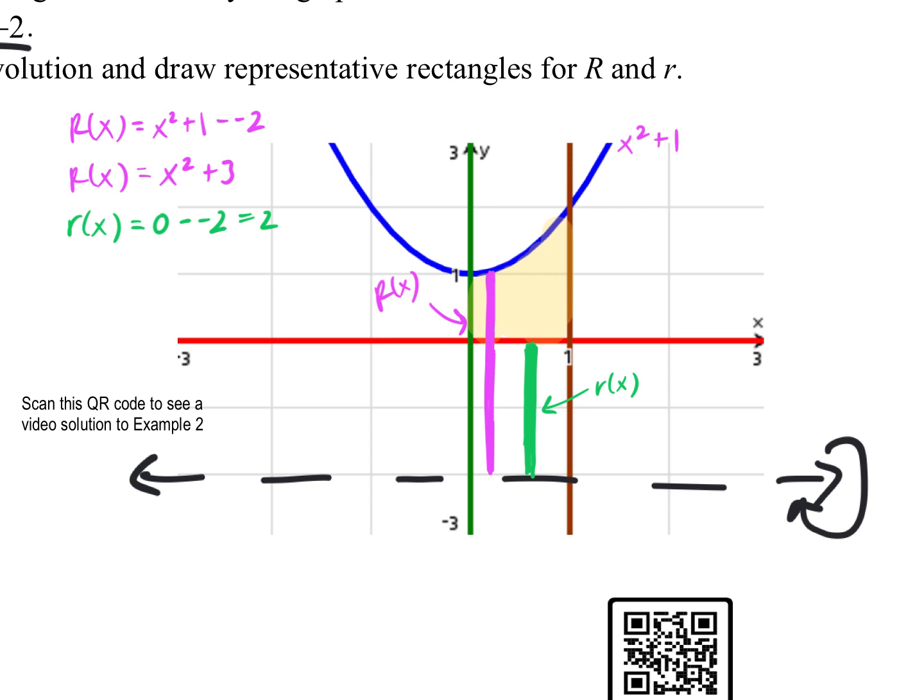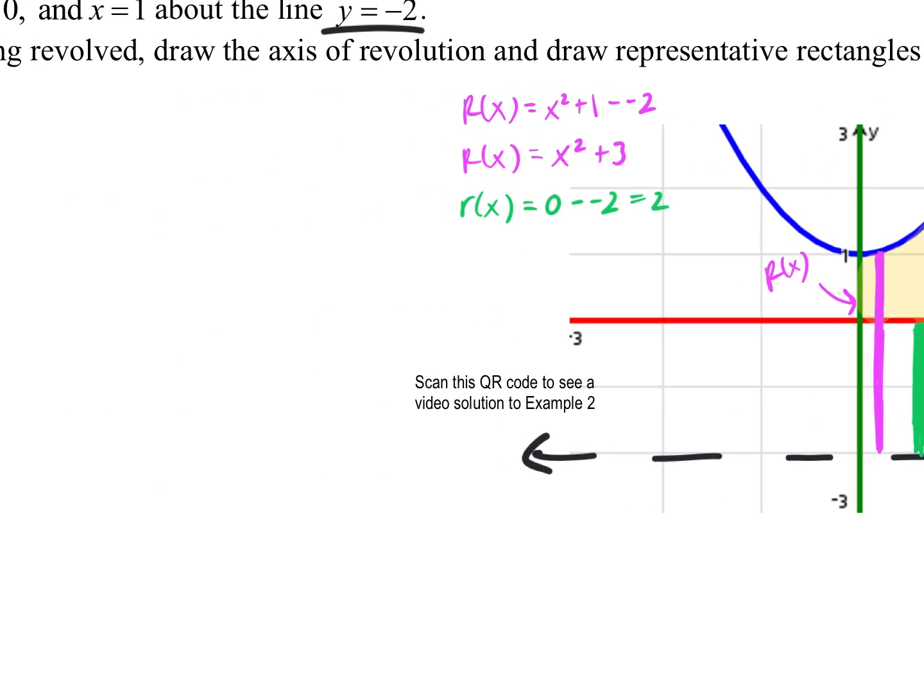If we're looking with respect to x, we're starting at 0 and going to 1. So my equation for the volume is pi times the integral from 0 to 1 of big R of x, x squared plus 3, squared, minus little r of x, 2 squared.